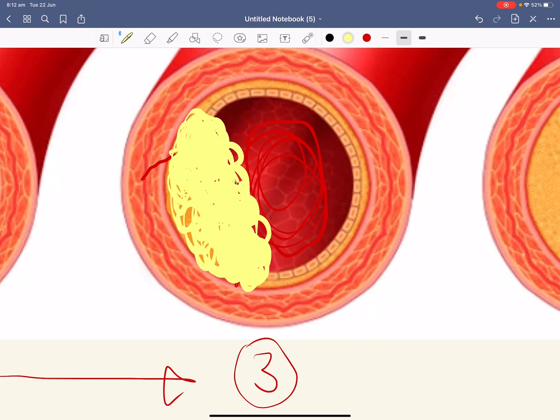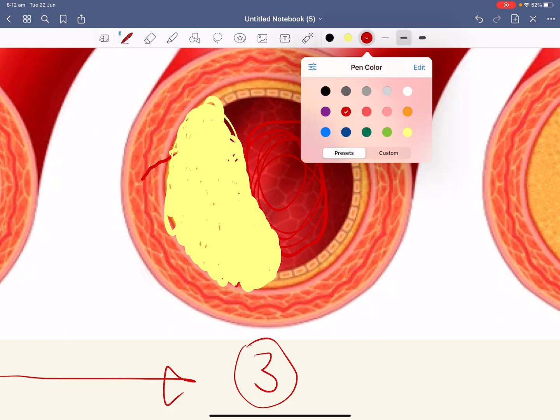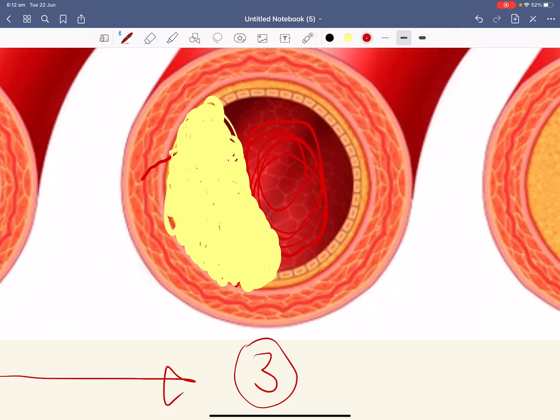So if this is in the heart, you may start to develop a condition known as angina. If this is down in your legs, you might start to get peripheral vascular disease, which gives you intermittent pain. If this is in your brain, or the blood vessel to your brain, you might start to get conditions where early stages of vascular clot issues.